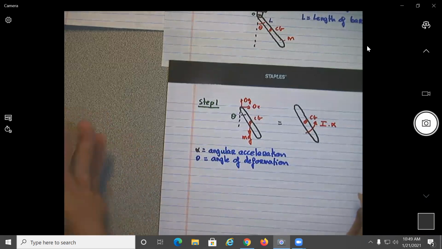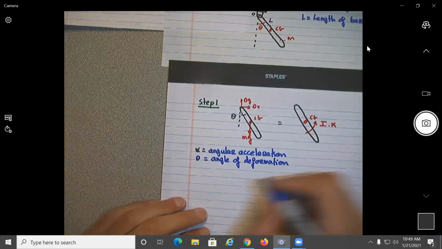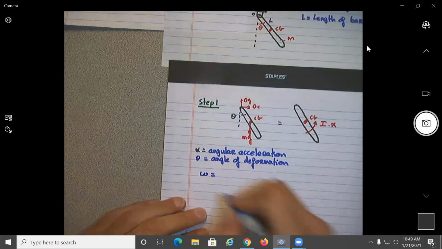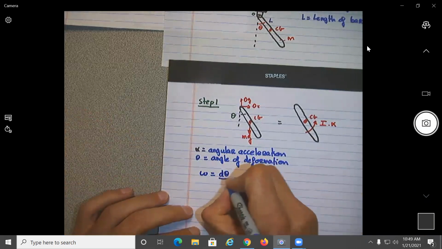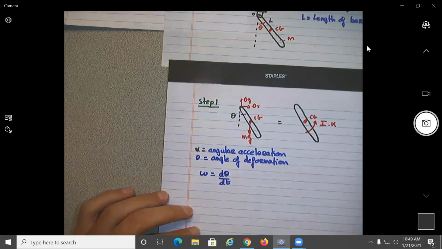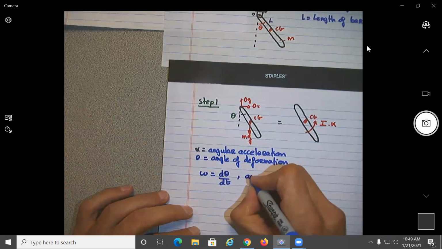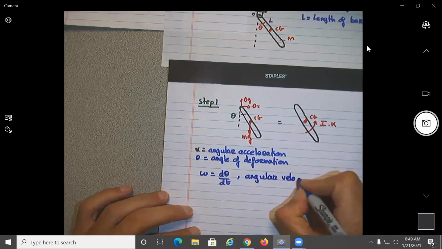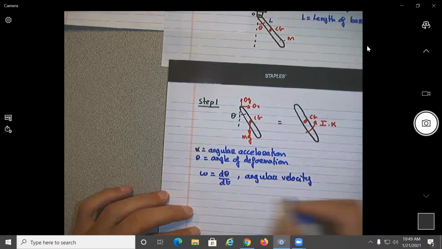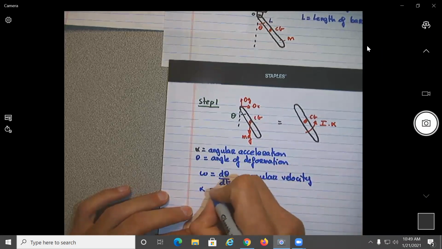Do we have something called angular velocity? Yes. What is the letter used for that? That is omega, no? Is equal to what? d theta dt, this being the angular velocity, and alpha is what?